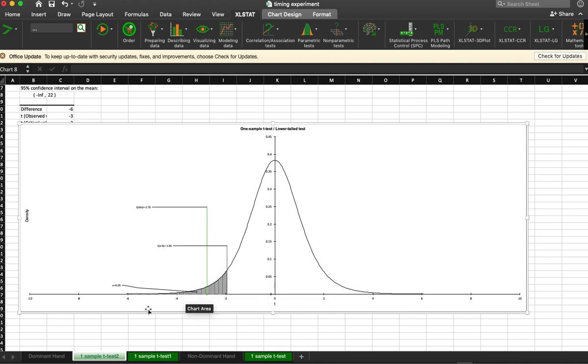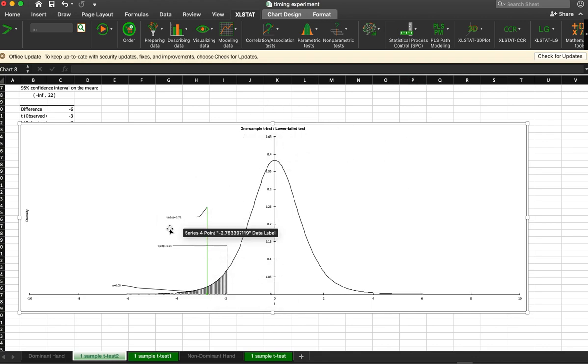So our rejection region exists only in this side. Our critical value is different because of that. Even though our alpha is the same, our critical value is different. Our observed t-value is here. It's just very small. It's hard to read, but it's here. And we can see our alpha is here, 0.05.